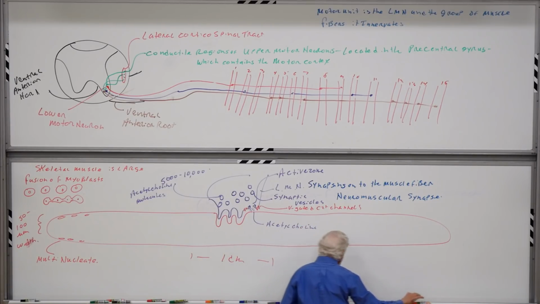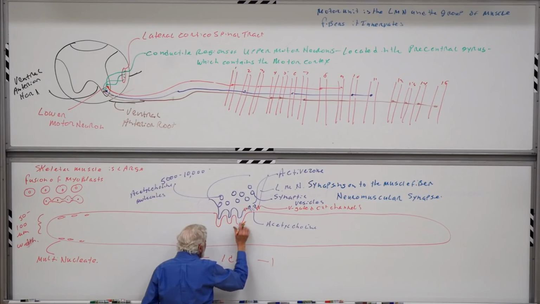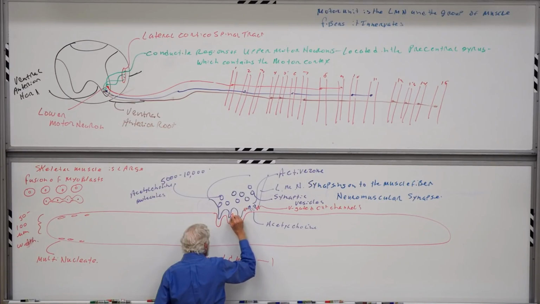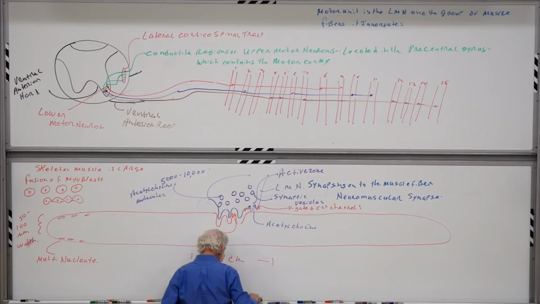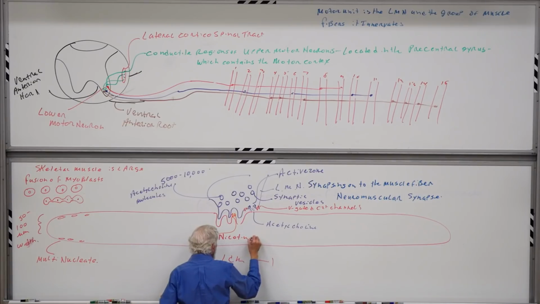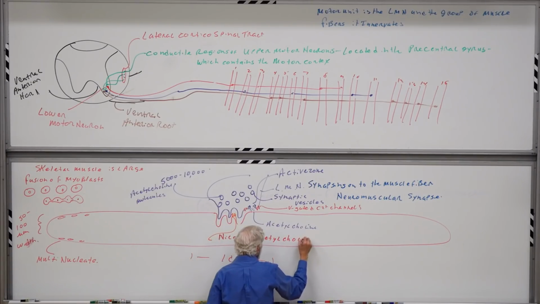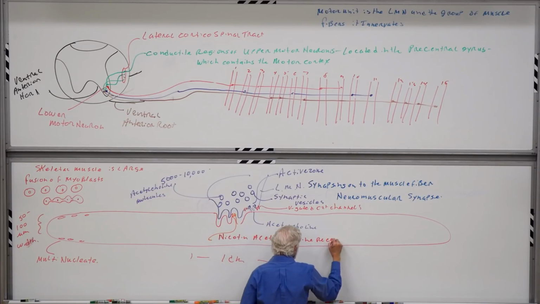And again, we see the same pattern as we saw in the central nervous system. Here in the muscle fiber, there are going to be these nicotinic acetylcholine receptors.